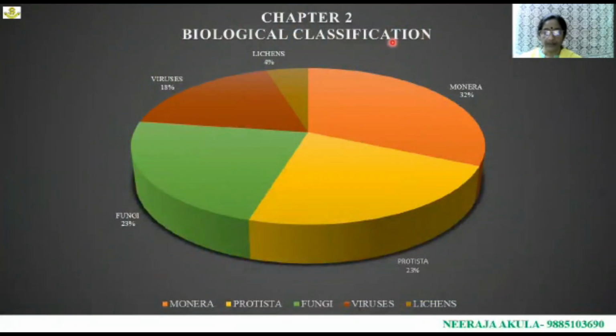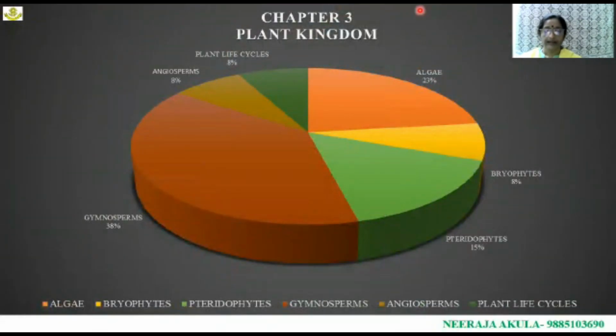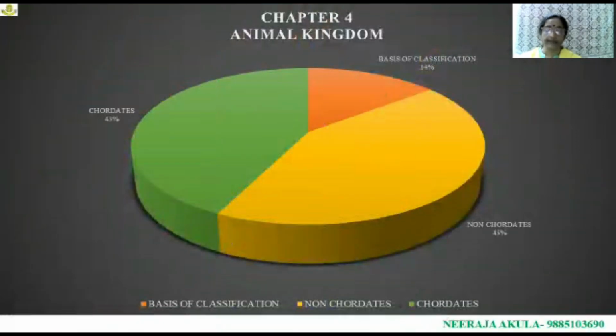Chapter 2, Biological Classification, the maximum number of bits appeared from the Monera topic. Chapter 3, Plant Kingdom. Out of all these areas, more bits appeared from the topic Gymnosperms.